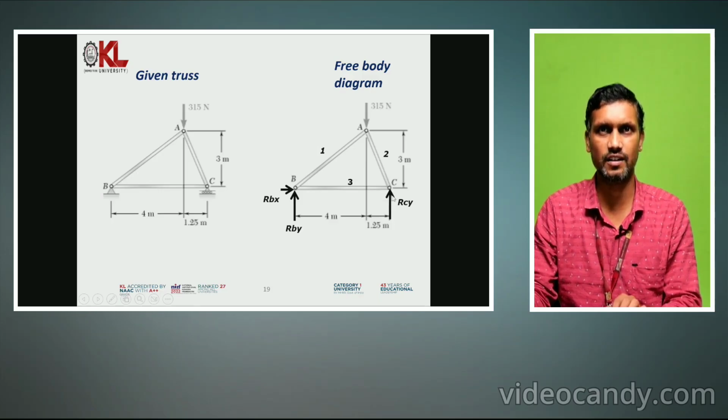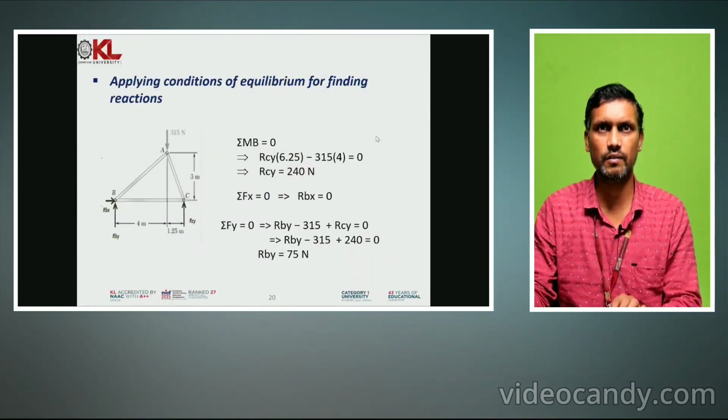Here the normal direction is vertical. So we will remove the supports, we will apply the reaction forces, and the external force acting at point A. Now what we will do? We will apply moment, and summation Fy, summation Fx equal to 0, and we will find some forces.